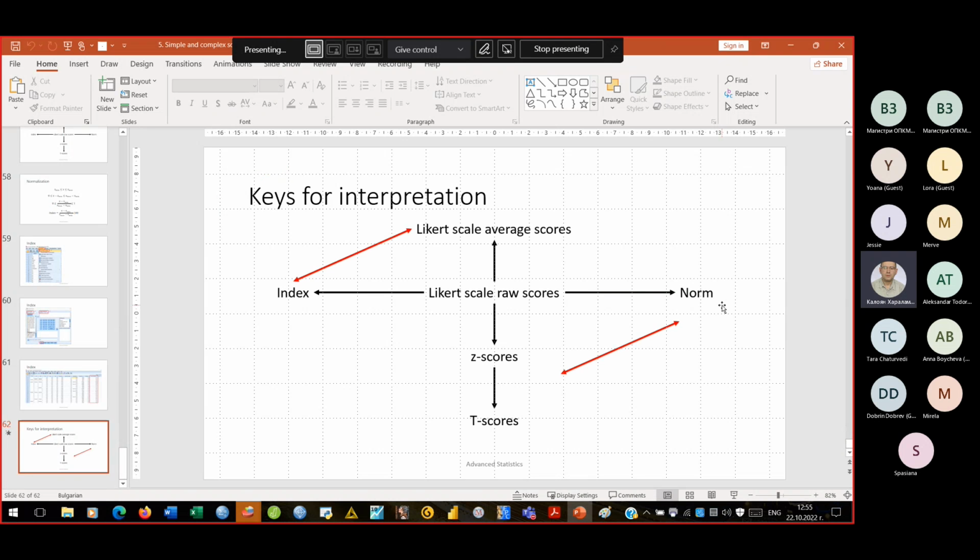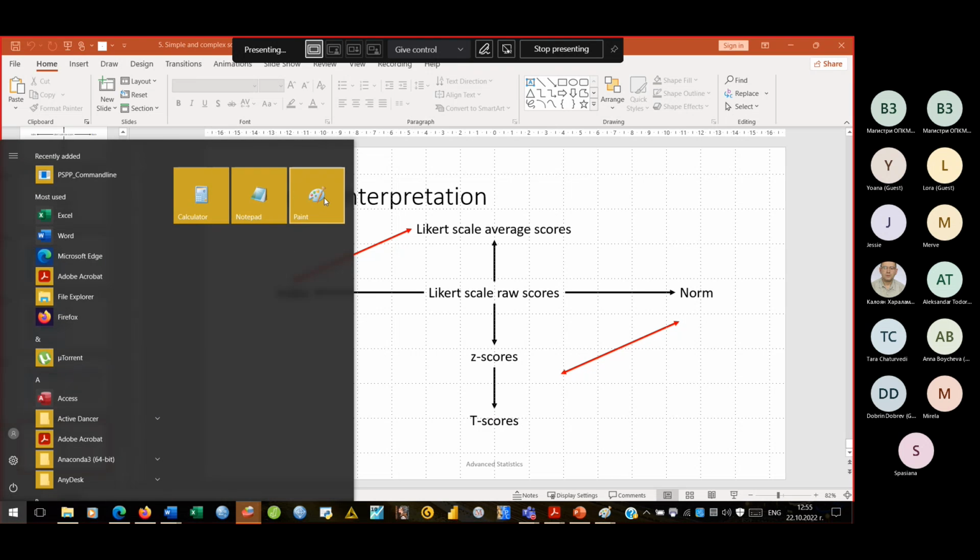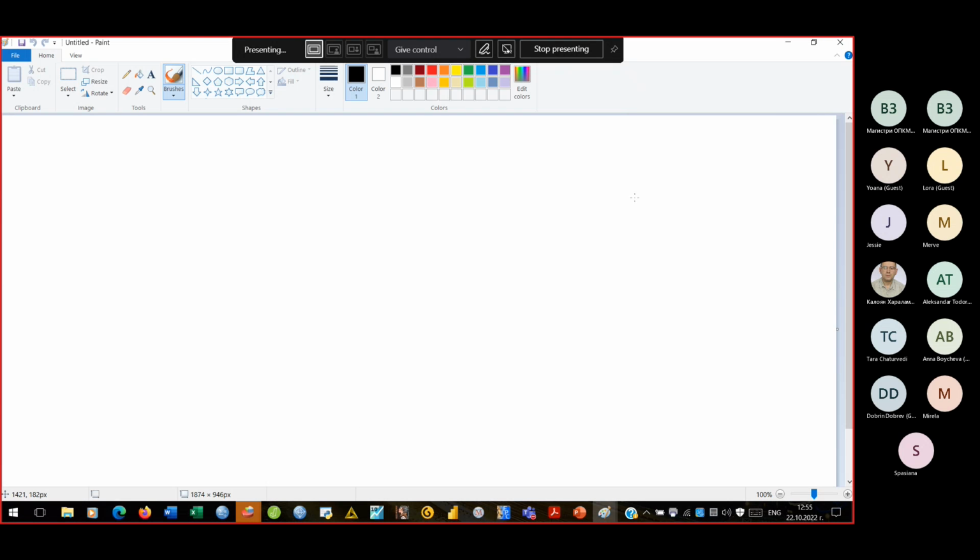again, I will start with new whiteboard. So if, for example, here we have raw scores between, in our case, between 6 and 13, and have two different populations, Bulgarian population and German population.